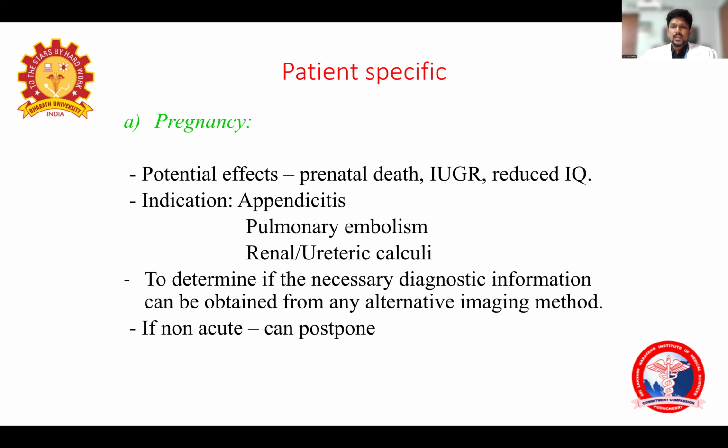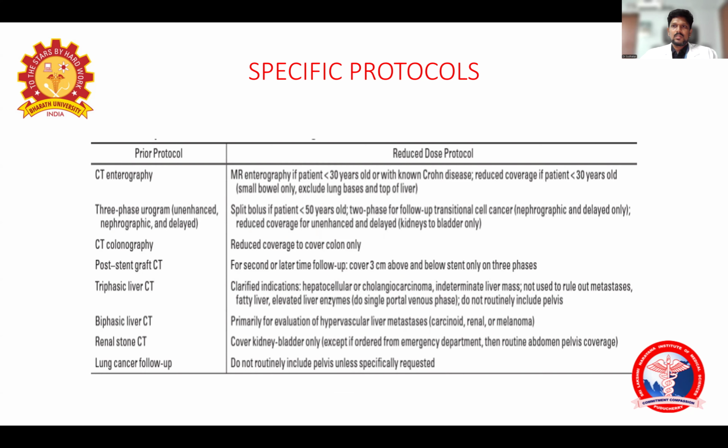So split bolus technique is the one which can be used to reduce the dose. It is nothing but, for example, if the required contrast for a CT KUB is 80 cc in a patient, you could split it into 40. The first 40 cc is given before the start of scan.